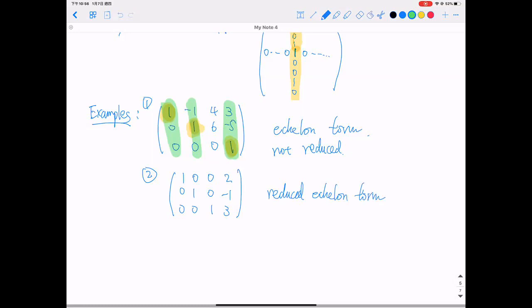Again we have some conditions to check. The first condition is about 0 rows, and this matrix has no 0 rows, so that's automatically satisfied. The second condition is about the first non-zero entry in any given row, and the requirement is that those be 1.